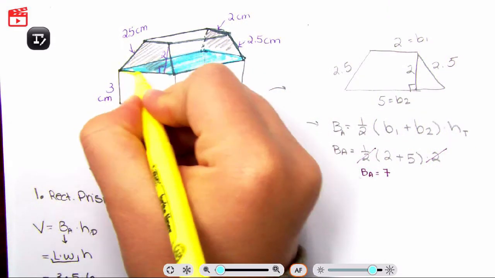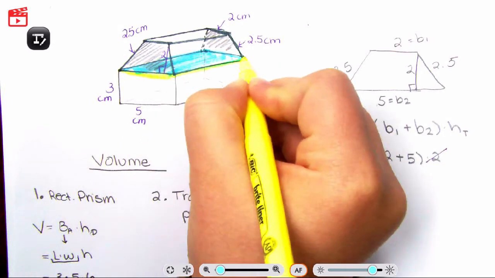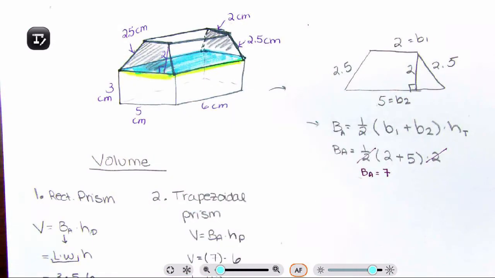In my rectangular prism. So I don't have those two. I don't have that, and I don't want to call it a base because it's not the base. For the trapezoidal prism, the base is a trapezoid. But I don't have that side of that trapezoidal prism, and I don't have that rectangle in my rectangular prism.